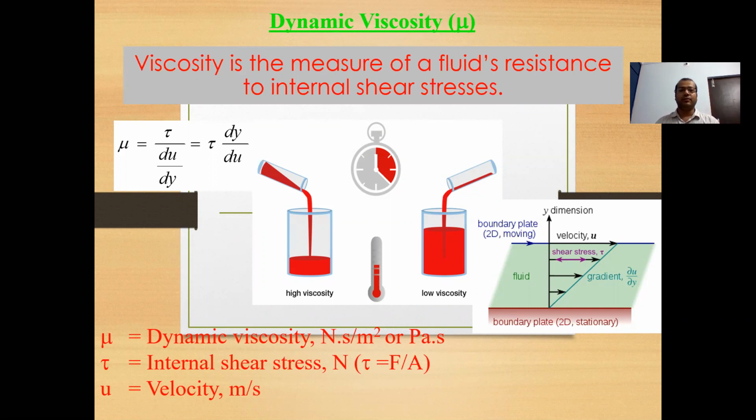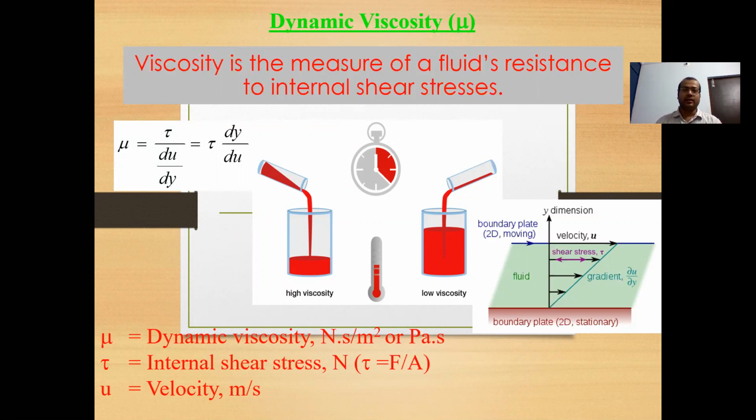Suppose we have collected fluid in a vessel like this, and when we try to move that vessel from one position to another, the adjacent layers of fluid, one above another, will try to move in the lateral direction. So the internal resistance offered by these layers is known as viscosity. It is just similar to friction in solids.